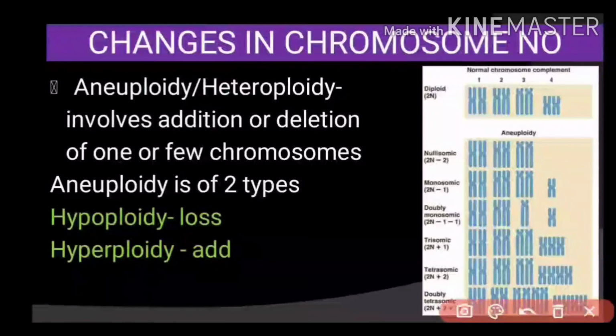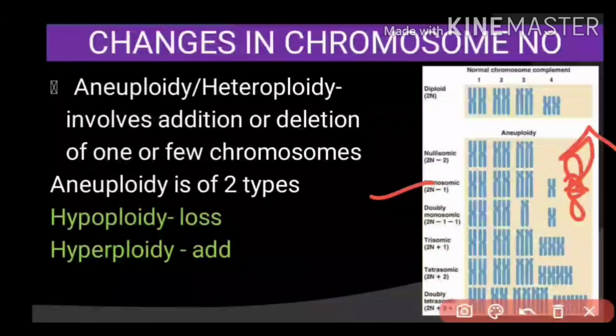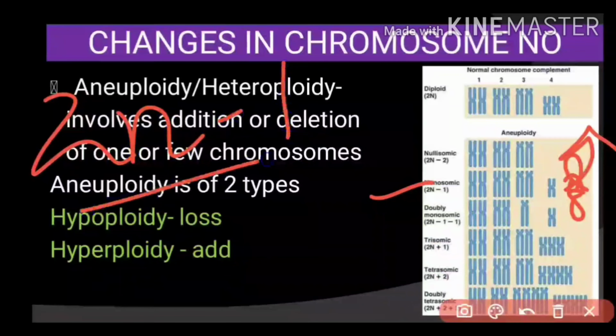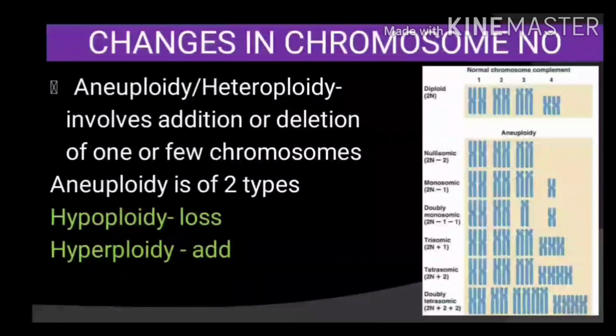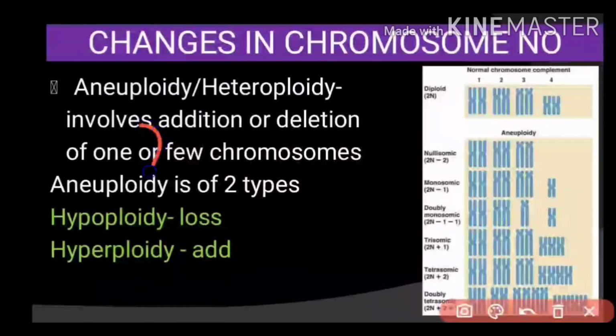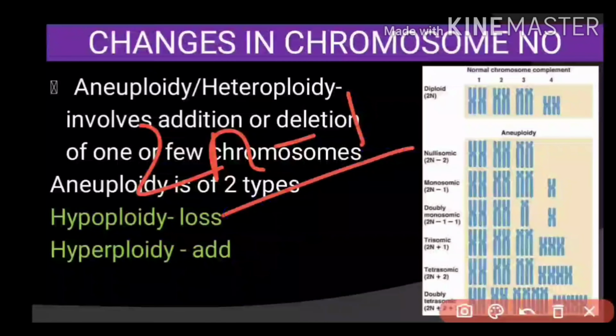So first focus on the monosomy. In monosomy, mono means one chromosome is missing from the pair. Here you can see one chromosome is missing. So the situation can be written as 2n minus 1. 2n is the normal situation, and if one chromosome is missing, then it is written as 2n minus 1.